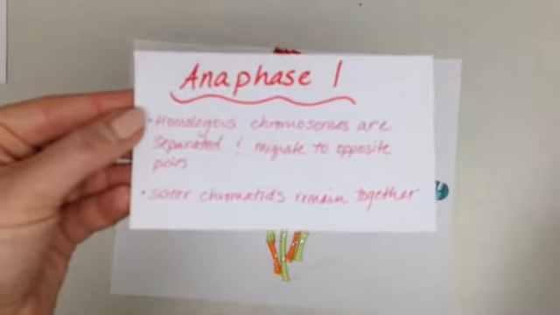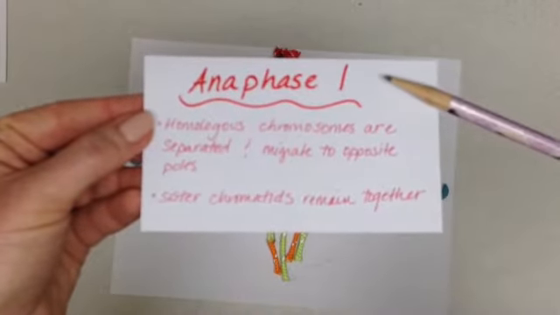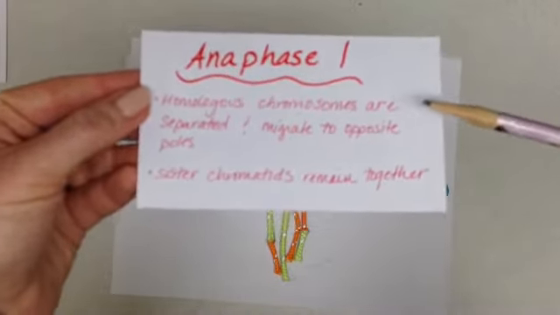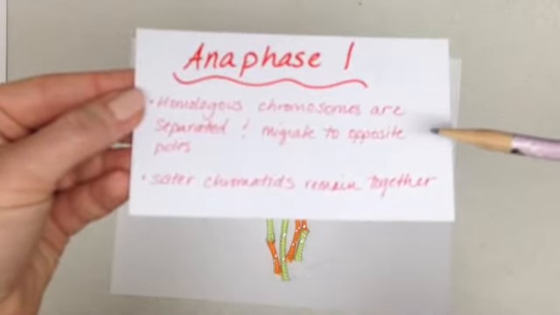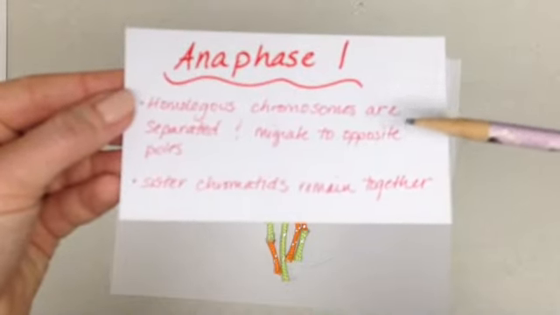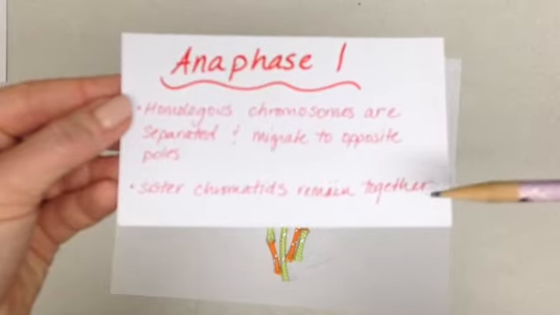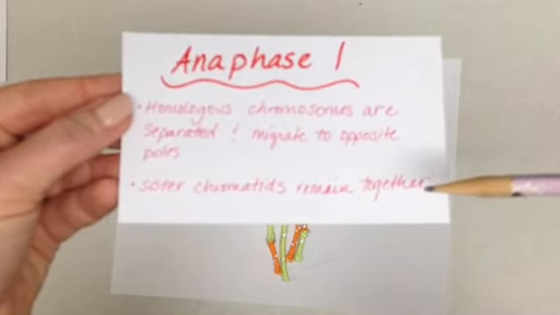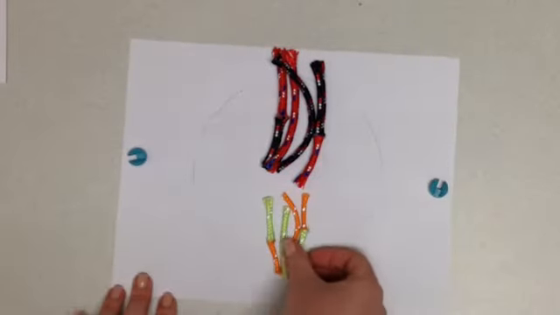Once we have aligned our chromosomes at the metaphase plate via independent assortment, now we can enter into anaphase 1. And this is where our homologous chromosomes are going to separate and migrate to the opposite poles. During this process, we are only splitting homologous chromosomes. We need to make sure our sister chromatids, our exact duplicates, remain together. So that will look something like this.